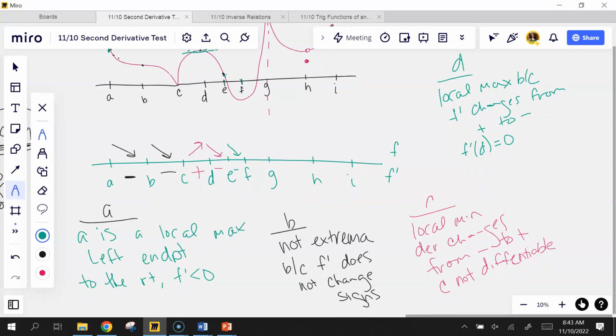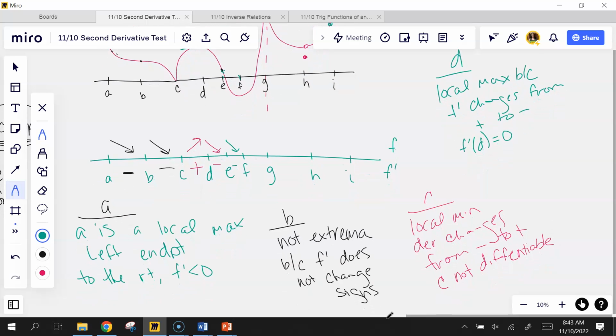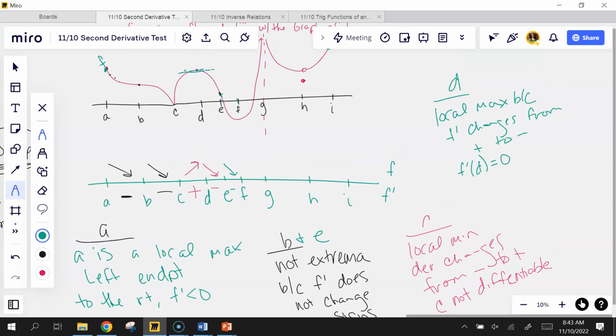How about, other than, maybe I'll put D and E. How about F? F is an absolute min on this graph. And I know it's a local min.